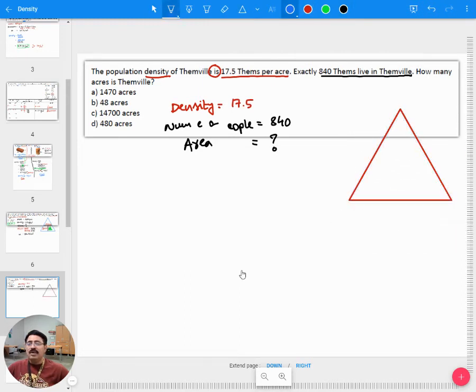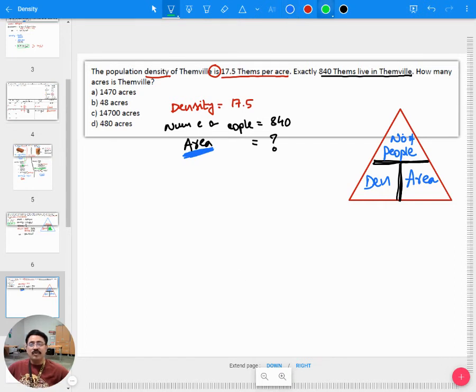Please remember that the population density rule is slightly different. Density equals number of people, and due to lack of space I am writing NO, don't think of it as "no people", it is number of people, over the area of the location. So here you're asked to find the area.